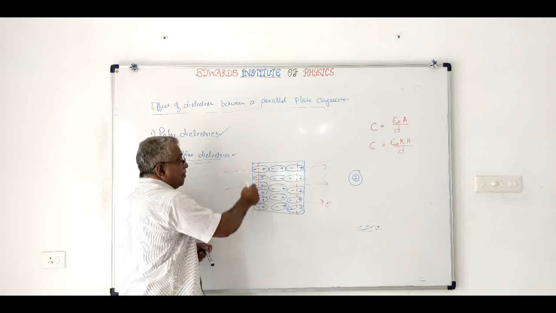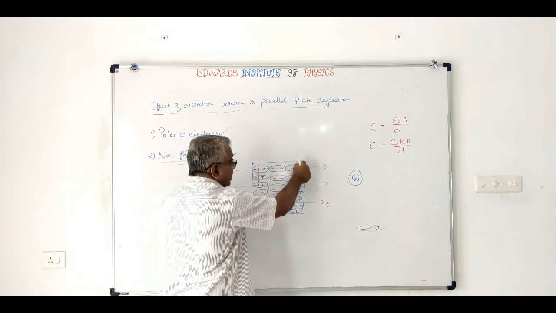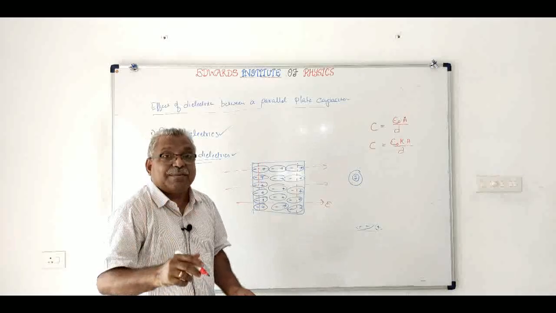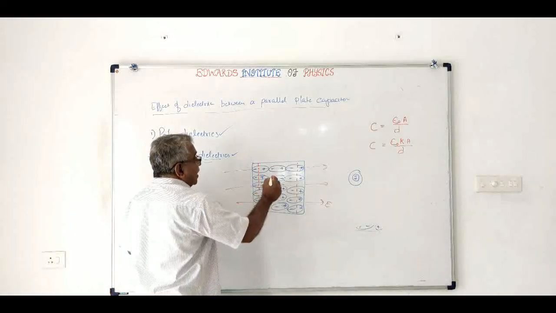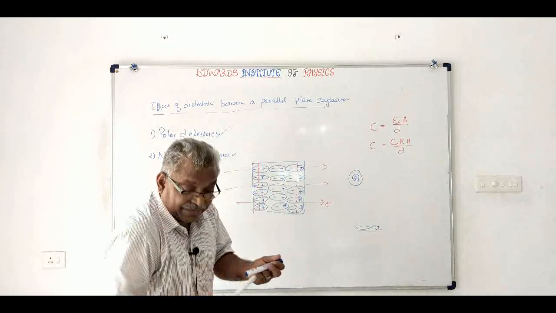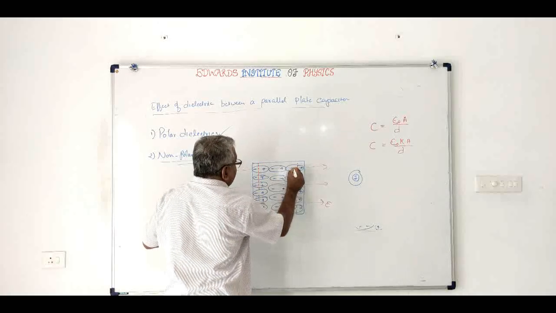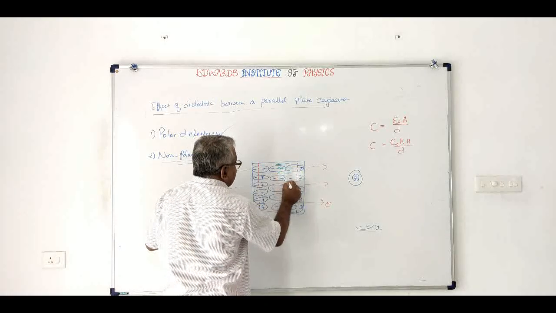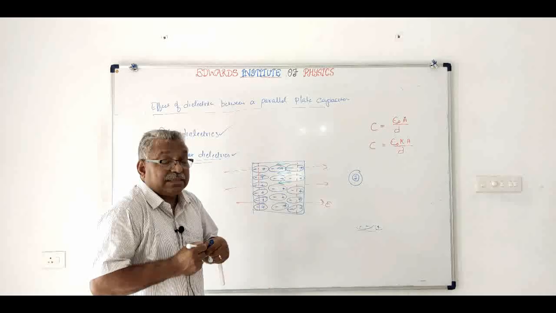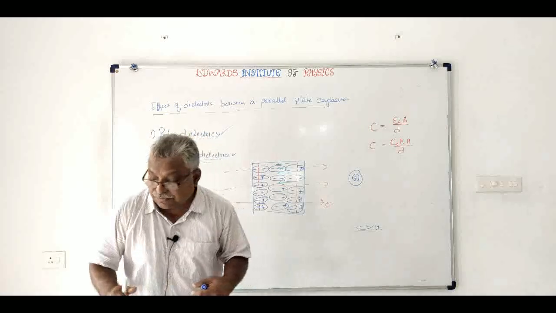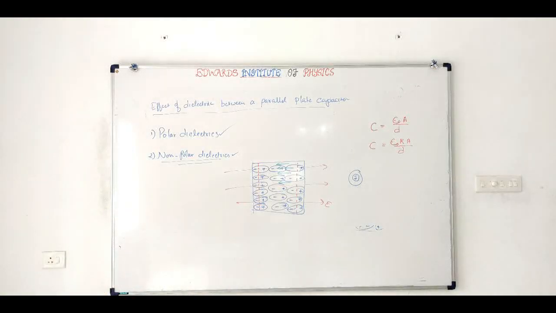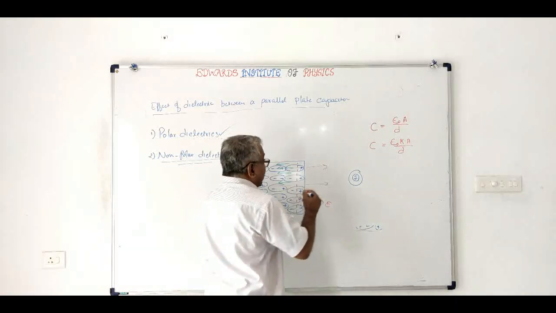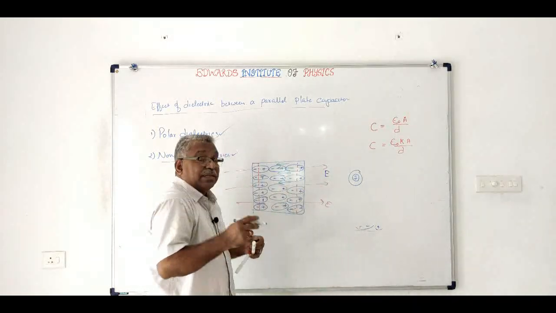There will be a very small accumulation of charge. And if such a thing happens, there will be an electric field in this direction, an internal electric field, and that is very feeble, very small. That internal electric field, when compared to the external field, will be very small.